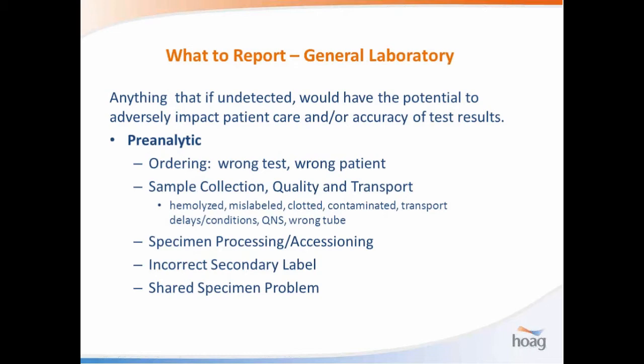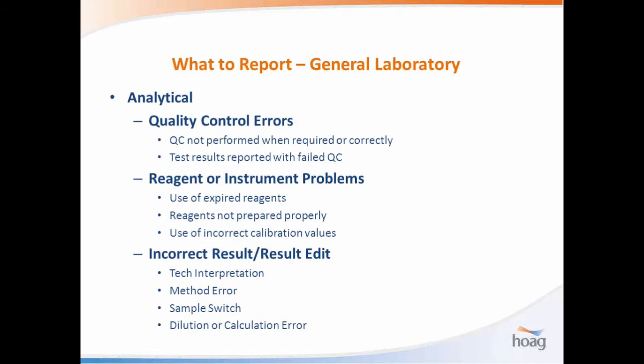Probably our number one NCE by far is specimen quality. Hemolyzed, mislabeled, clotted, contaminated. I'm sure you all struggle with that as well, so we report a lot of those, certainly labeling problems. Analytic phase could be quality control errors, reagent or instrument problems, incorrect results, or any time a result is edited, that is treated as an NCE, and we do investigate that.